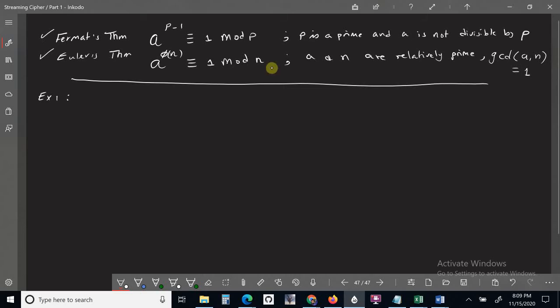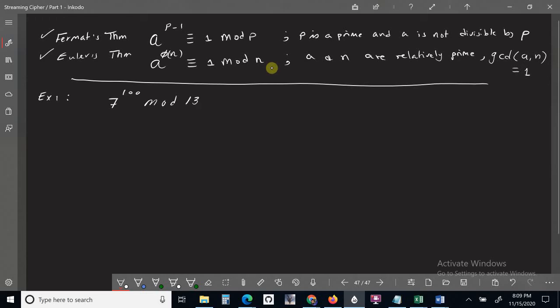Let's say that we are trying to find 7 to the power 100 and simplify this one, or find the congruent to this one using a simple form. Again, this is using the modulus 13.